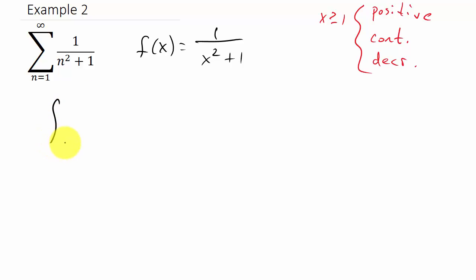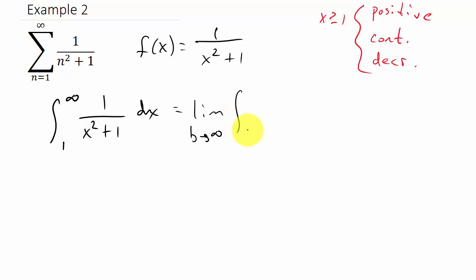We're going from 1 to infinity of 1 over x squared plus 1 dx, which is equal to the limit as b goes to infinity of the integral from 1 to b of 1 over x squared plus 1 dx.